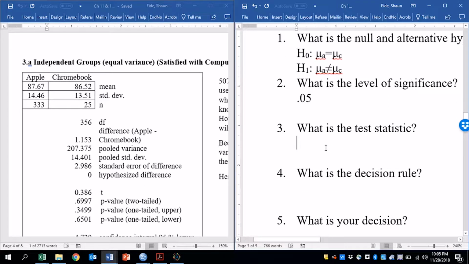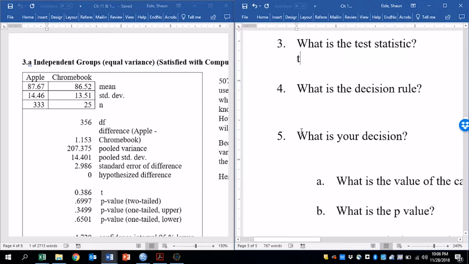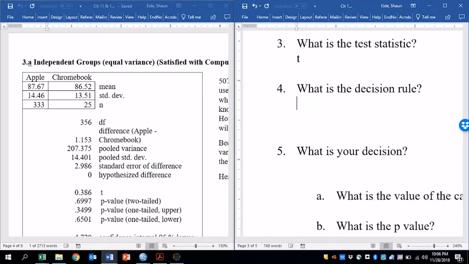So what's the test statistic? Now, I could have used Z, because this is a very large sample, and really I should have used Z, but what I did is I used T. And I'm going to tell you why in just a minute. Really, it was just to prove a point. But I'm utilizing T. And so what is the decision rule?